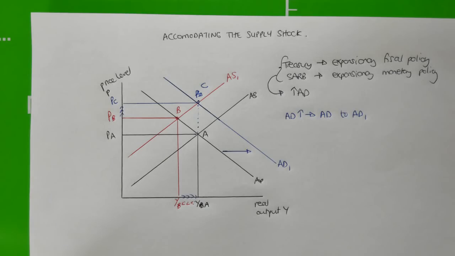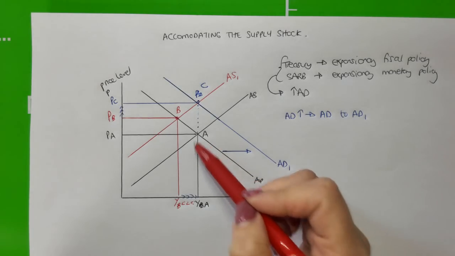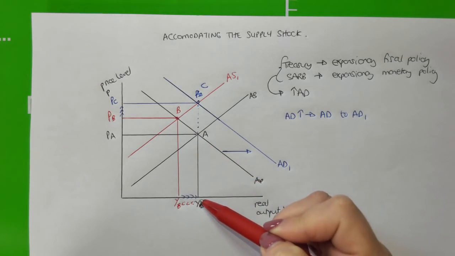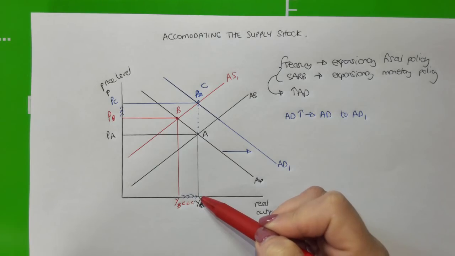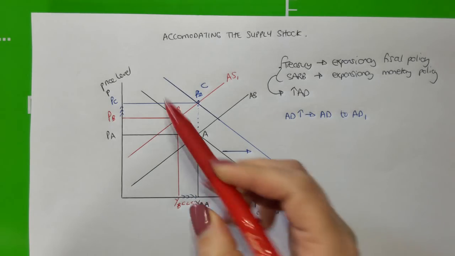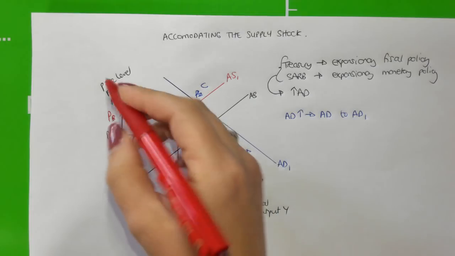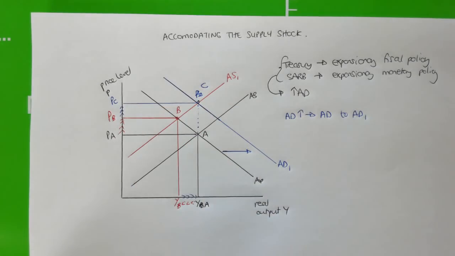The one thing that you should note, though, is that when we accommodate the supply shock, although it is possible for the economy to move back to the level of output that they started at before the supply shock, prices will rise even further. So there is a cost even to accommodating the supply shock, and that is that prices increase even more in an economy which has suffered a supply shock.